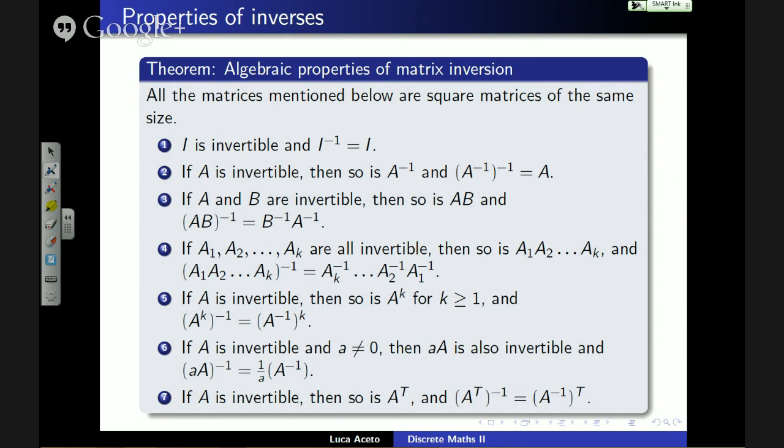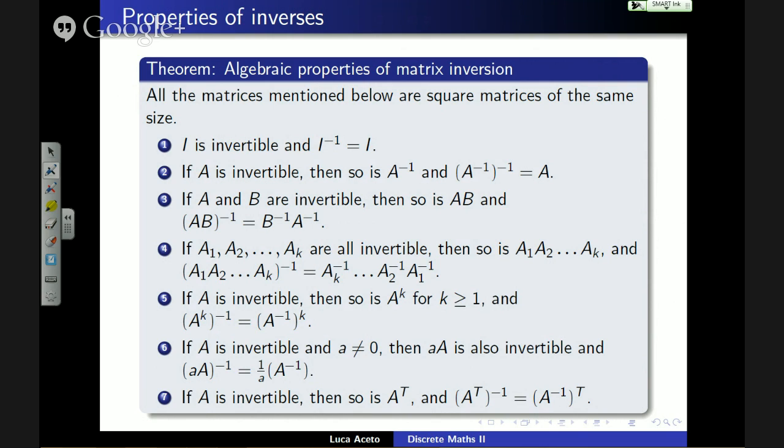Now, in order to complete our discussion of inverses, let's connect once more computing inverses of matrices with something we've been doing over and over again, namely solving systems of linear equations.